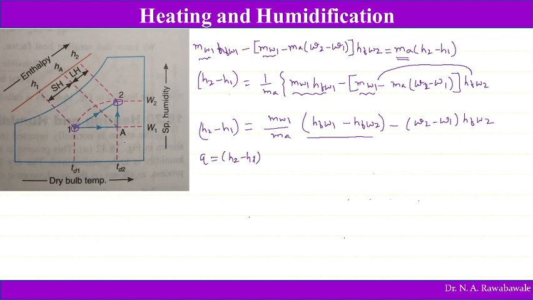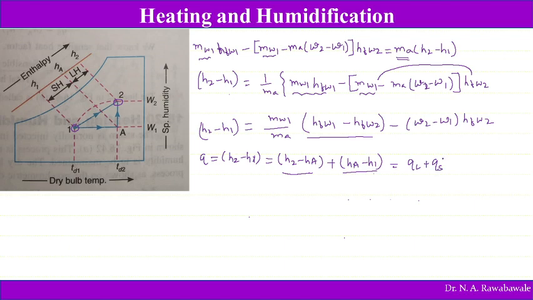This increase in enthalpy of air is divided into two parts: H2 minus HA, plus HA minus H1. The first part is known as latent heat and the second part is known as sensible heat. So this is QL, latent heat, plus QS, sensible heat.